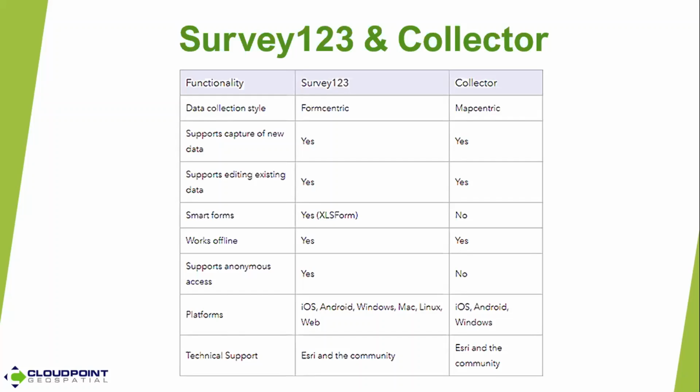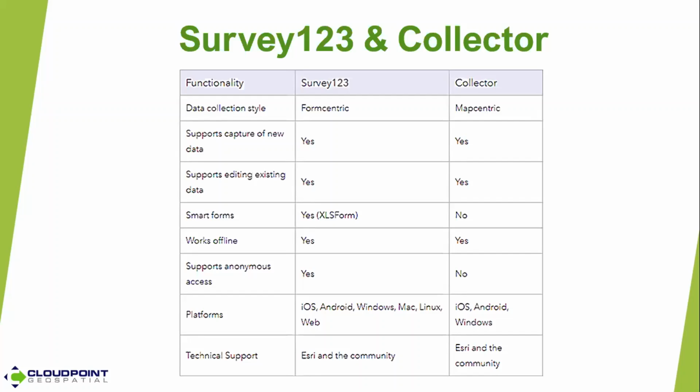We built that form in order for our end users to be able to collect data through. So Survey123 is form-centric, and we can see Collector is map-centric. So the biggest difference between those two is simply the user interface that the end users collect their data through. They both support capture of new data, so Survey123 can submit forms that represent new features, and in Collector, obviously, users can add features.